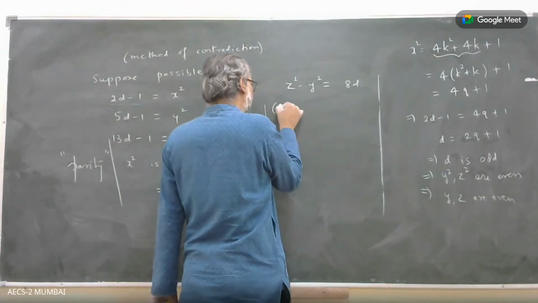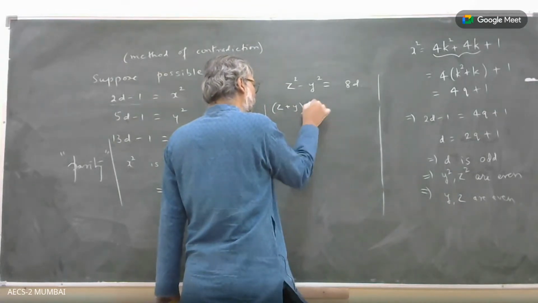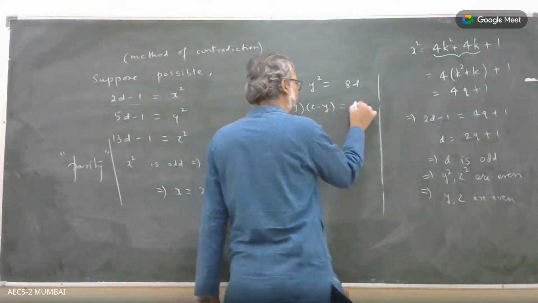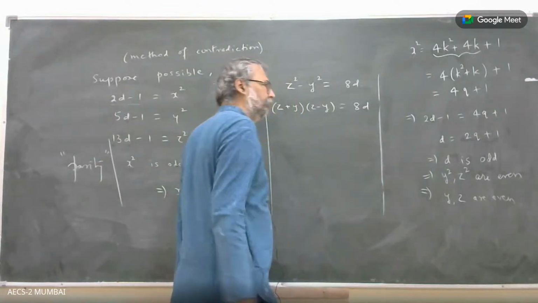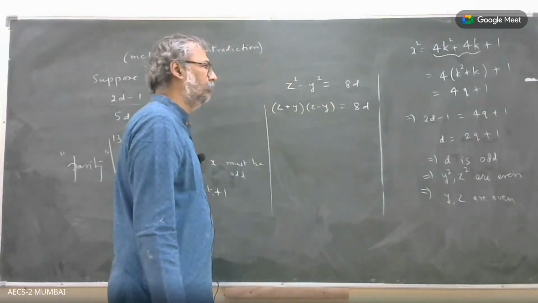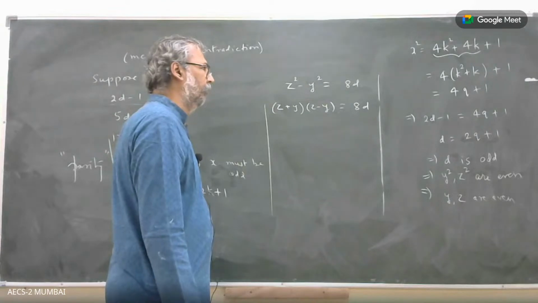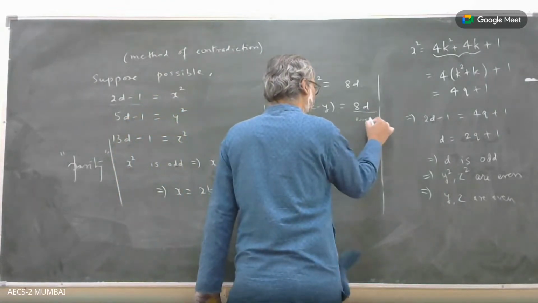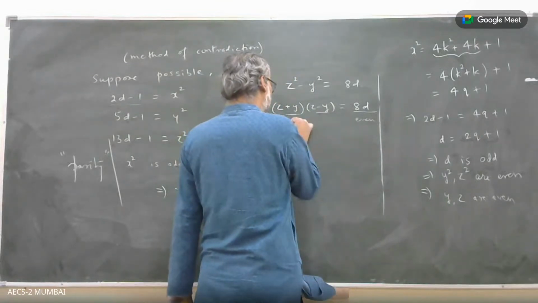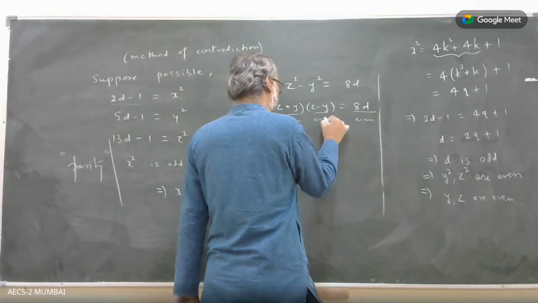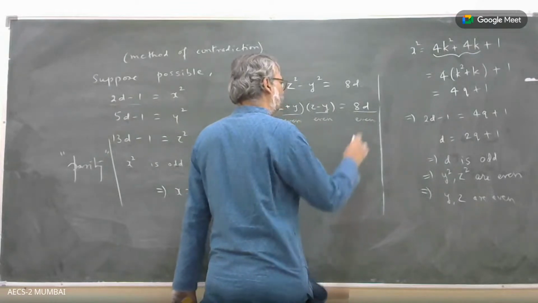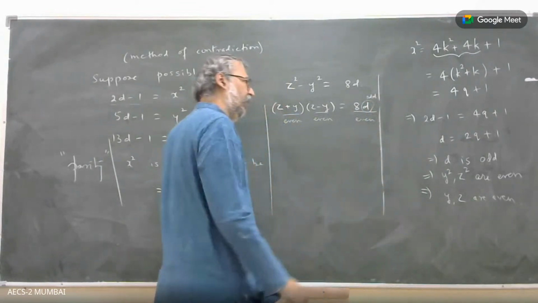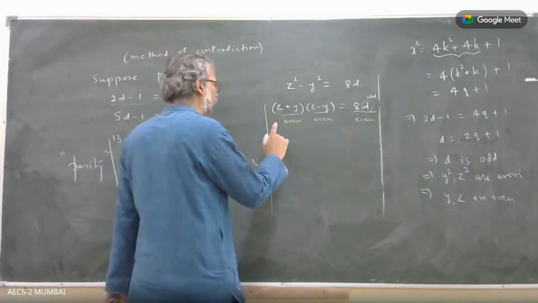And z square minus y square is z plus y into z minus y. That is 8d. So everything is fine. This side is even, this side is even, both are even, and d is odd.